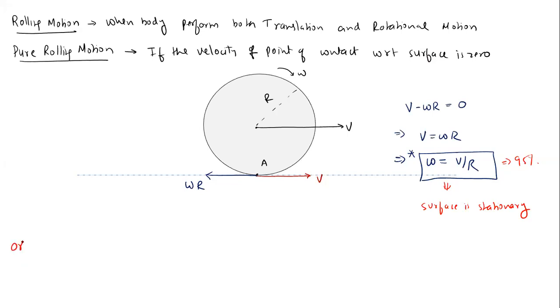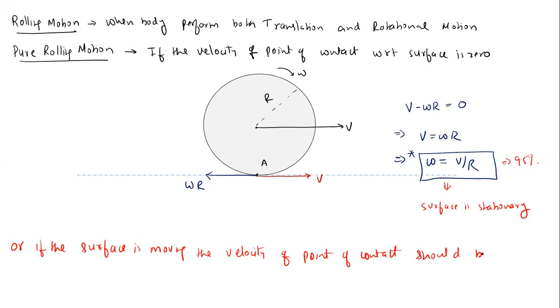Or we can say it like this: if the surface is moving, then the velocity of the point of contact should be same as the velocity of the surface. Fine. I hope you understand this point.